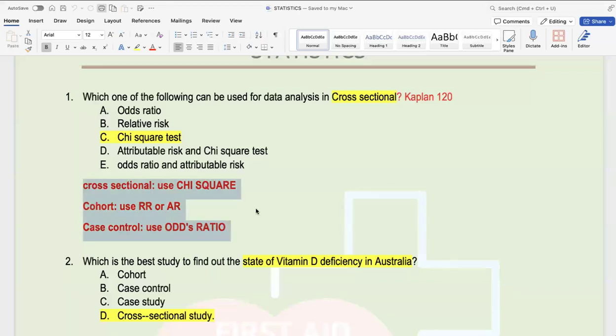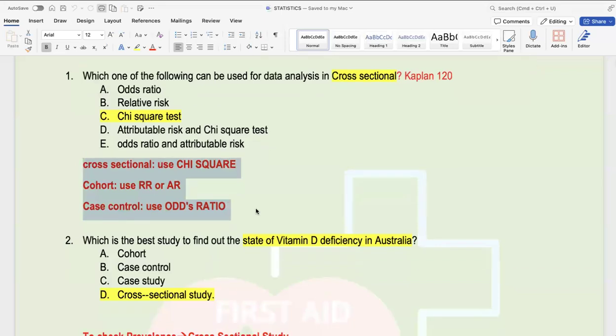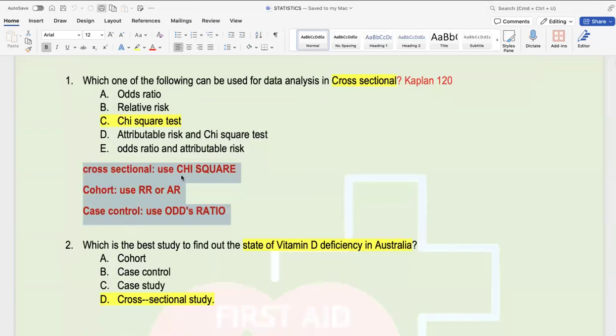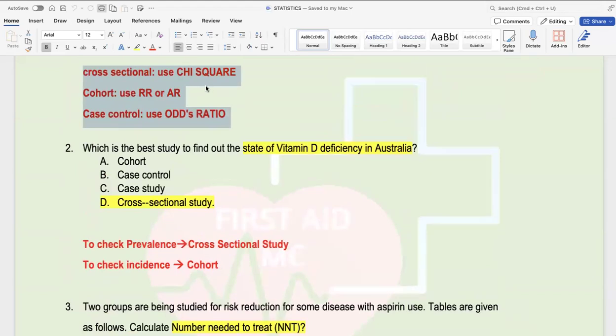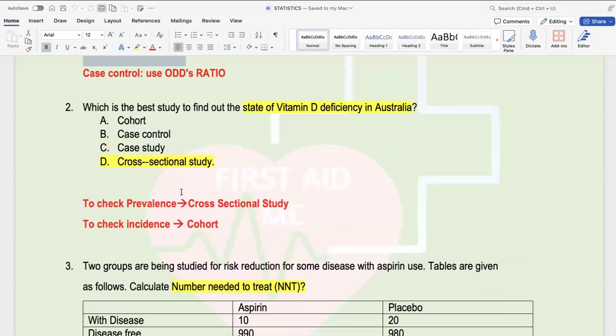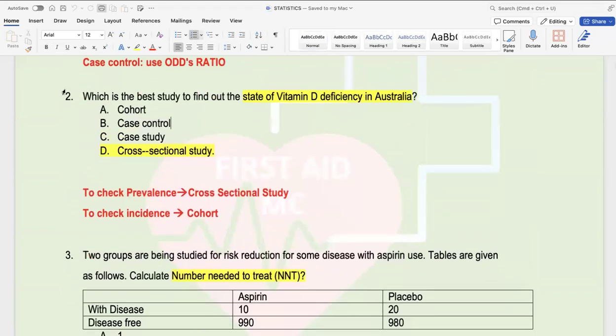You just need to remember which one we normally use for data analysis in each of these studies. Now, how to measure chi-square doesn't come in the exam. Odds ratio doesn't come in the exam. But yes, we need to know the relative and attributable risk, which we will discuss during this time. When we do some cases, you will know how to do it.